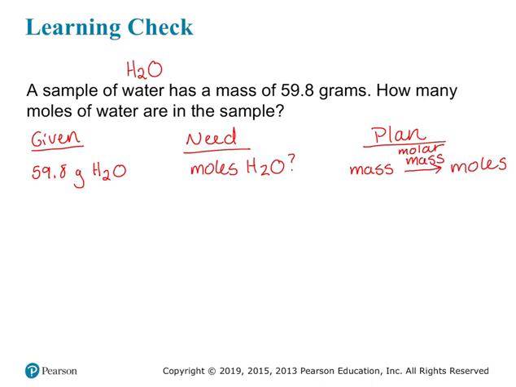Okay, so let's calculate the molar mass of water. All right, so we have two hydrogen atoms. So I'm actually going to set this up so I have 2 moles of hydrogen times the molar mass, which in a previous lecture we saw was 1.008 grams of hydrogen for every 1 mole.